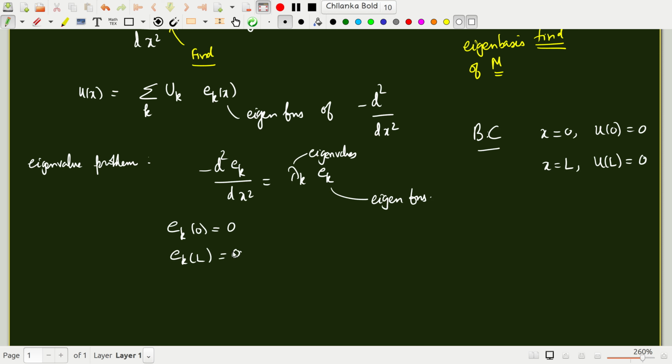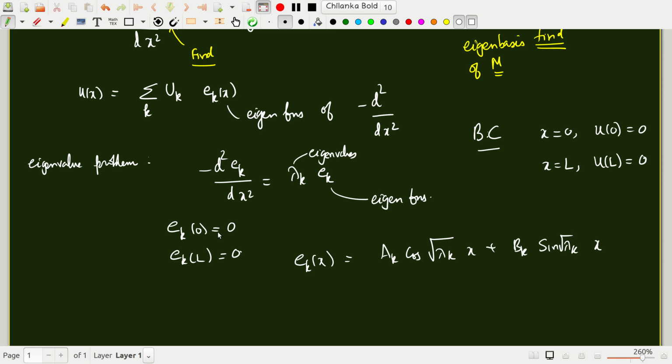If you solve this differential equation, you will easily see that ek of x is some ak cos of root lambda k x plus bk sine root lambda k x.